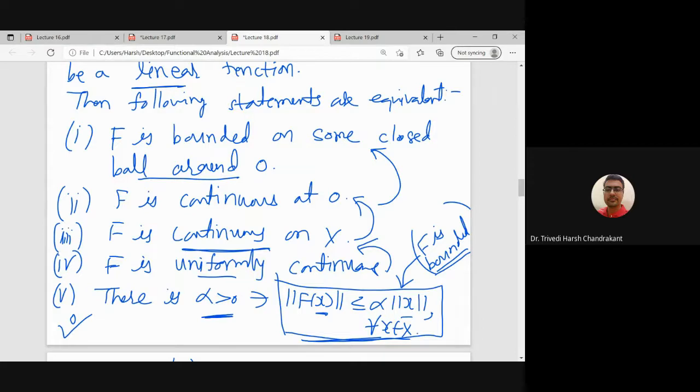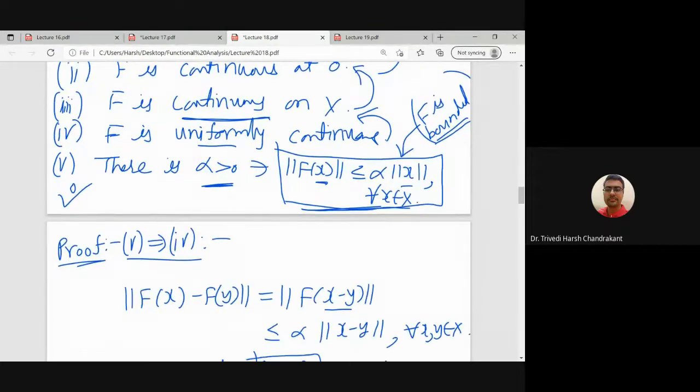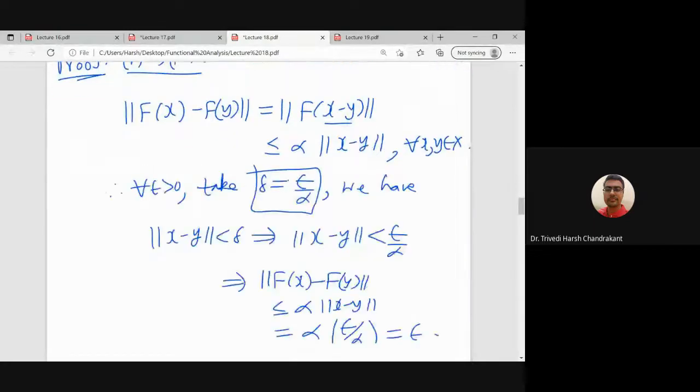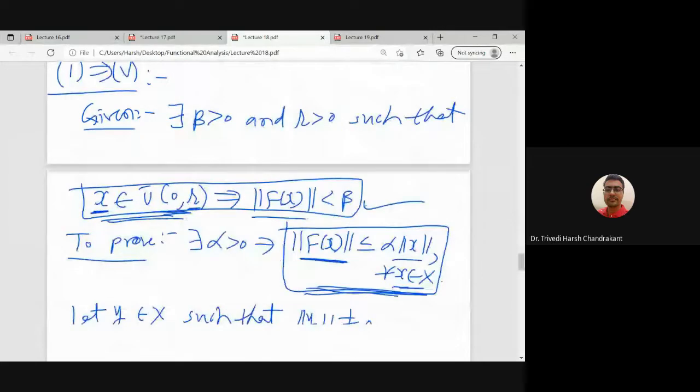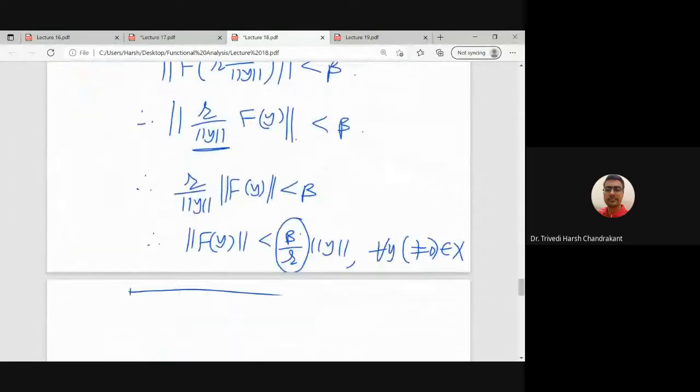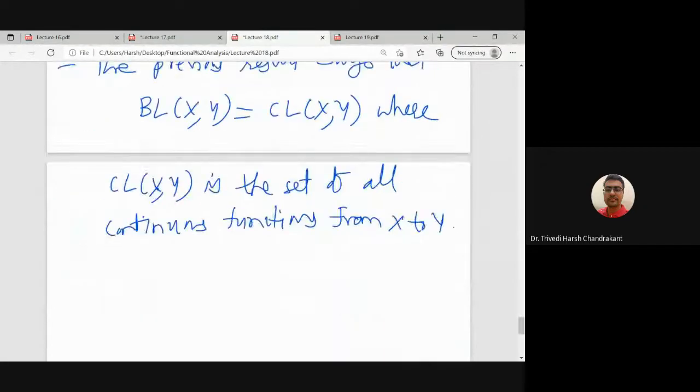Other than these four characterizations of continuity and this fifth characterization, there is one more. The last characterization is in terms of quotient spaces. You remember the definition of quotient space and quotient norm, which we defined earlier.